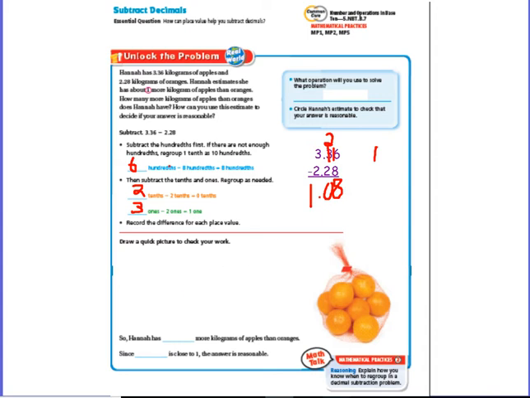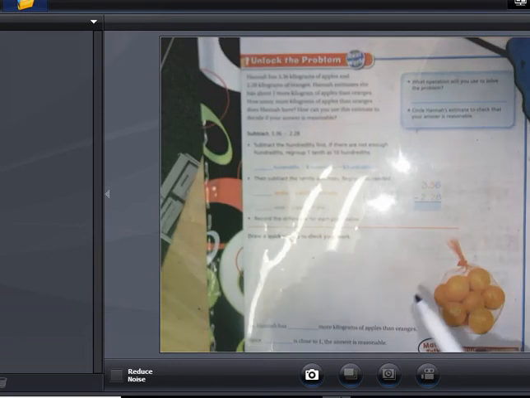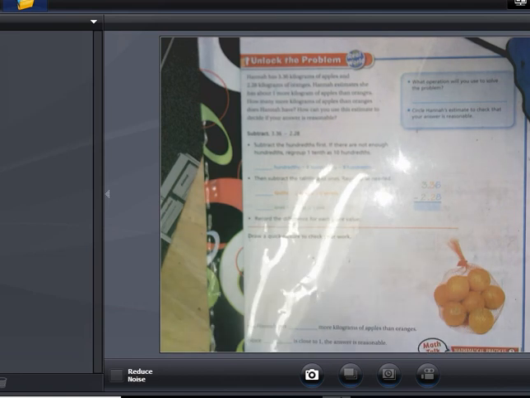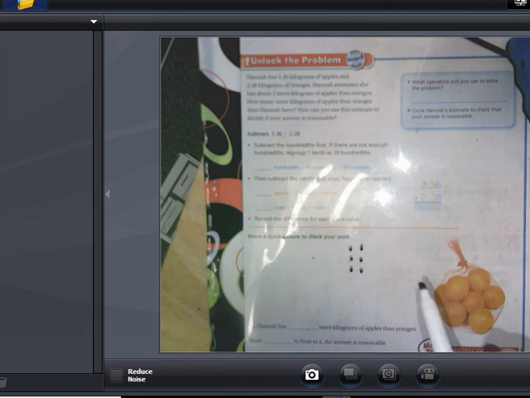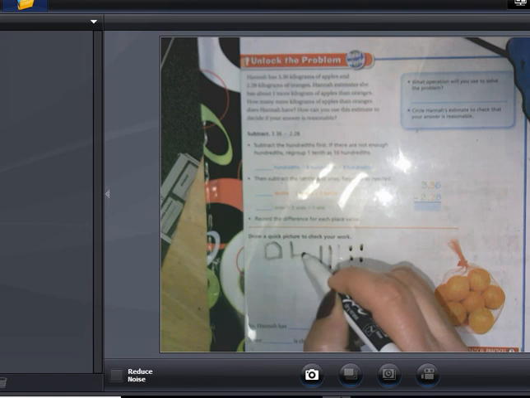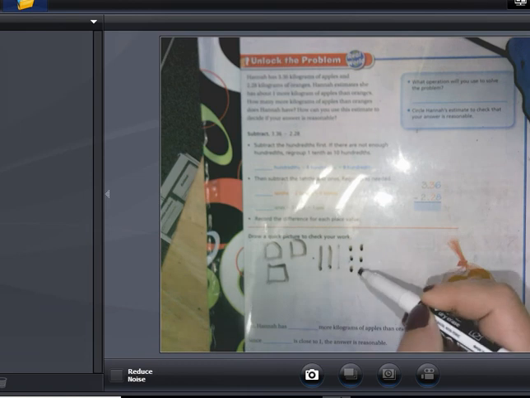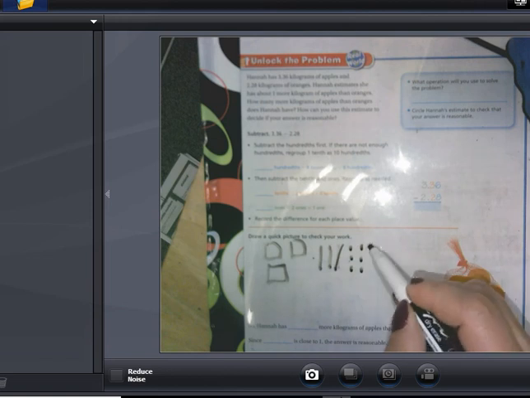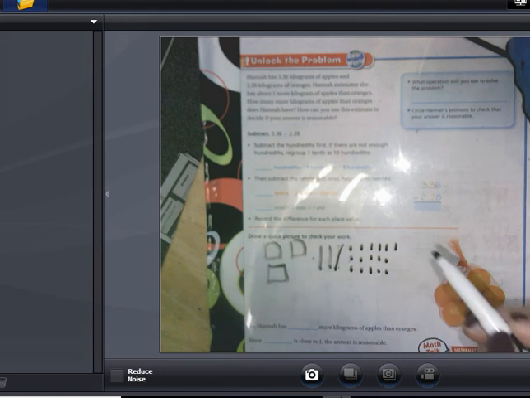Now, if I had to draw a quick picture of this, what would this look like? First I'm going to draw my 6 hundredths, my 3 tenths, and my 3 wholes. If I'm going to subtract, I can't subtract from here, so I have to borrow 1 from here, which will give me 10 more hundredths.